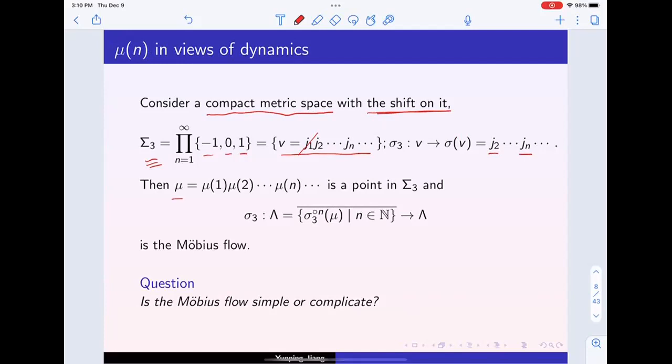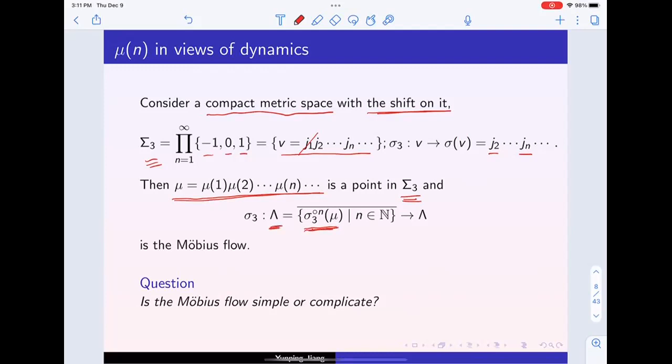Then if you look at this Mobius function, really you think of this Mobius function as a point in Sigma 3, right? Then you can start iterating it. You iterate it and take the closure.